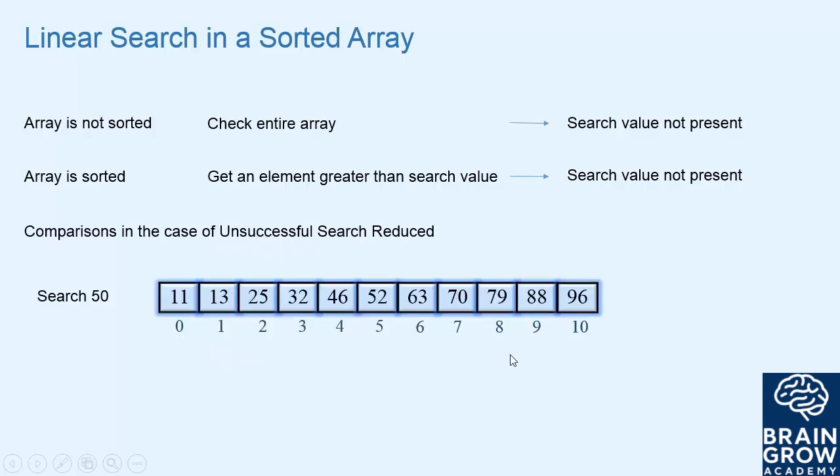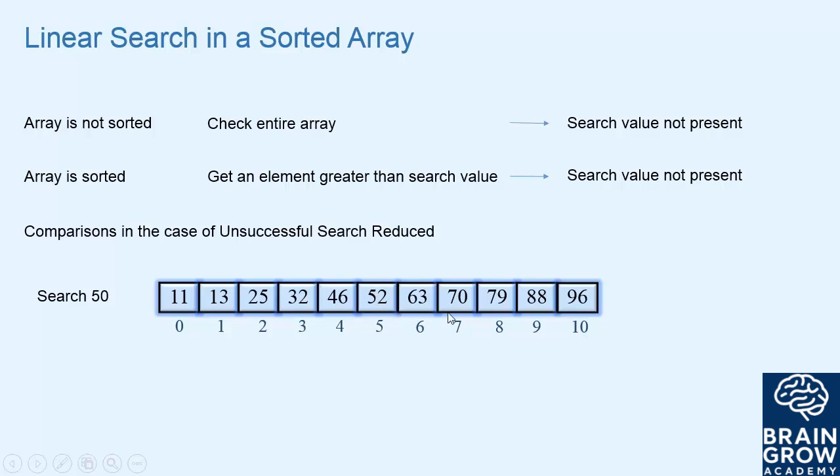Suppose we have the sorted array and we have to search for value 50 in this array. When we reach this element 52, which is greater than 50, we can terminate our search. There is no point in continuing the search beyond this element because all the elements to the right of this element are greater than the value 52 and hence they are greater than the search value 50.